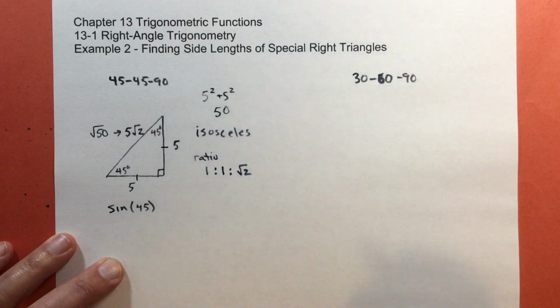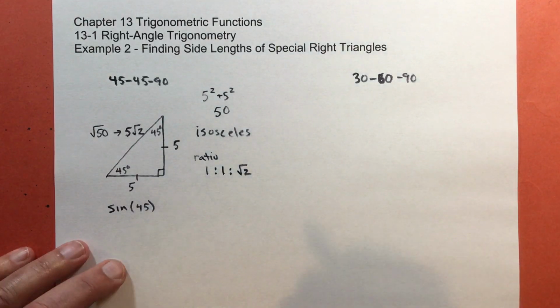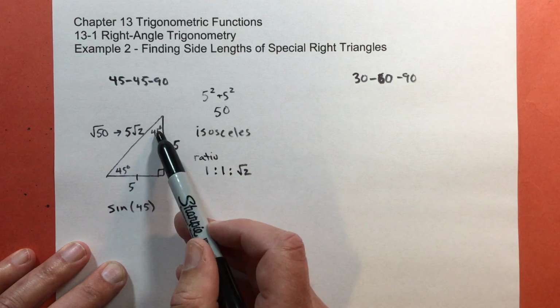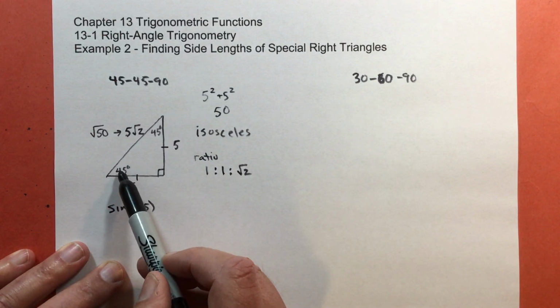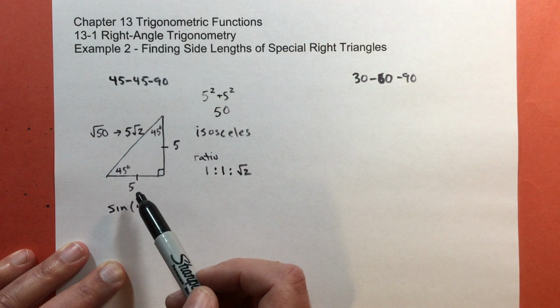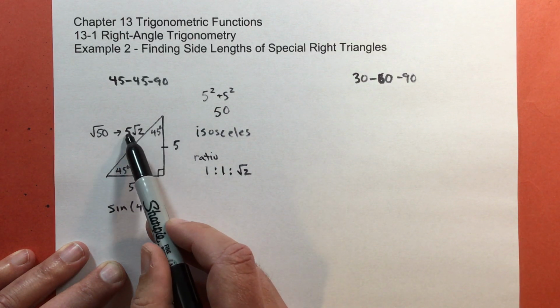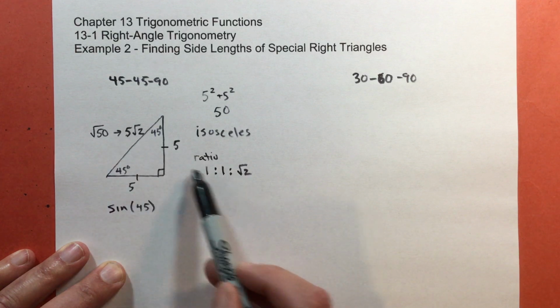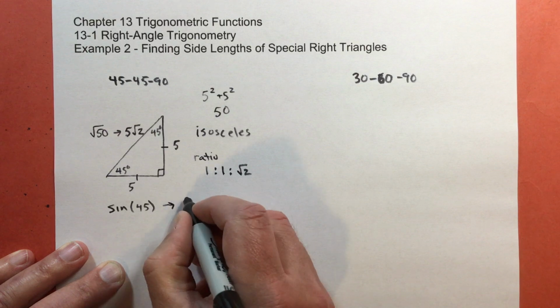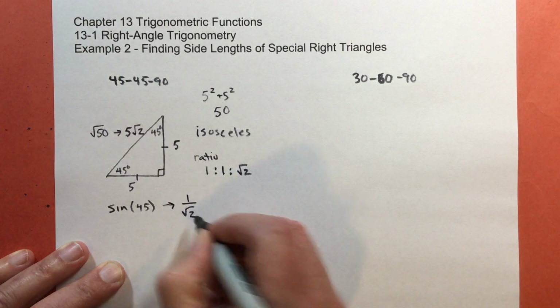Okay, that's cool. What about sine? Well, sine is going to be, and by the way, both of these are the same, so it doesn't really matter. I'm going to use this one. Sine is going to be opposite over hypotenuse. That would be 5 divided by 5, and that's where the 5s reduce. So in reduced form, I just get 1 divided by the square root of 2.